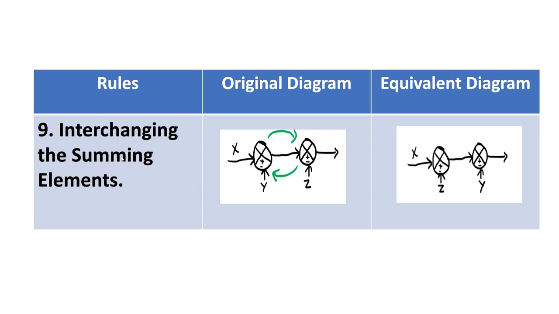So the next rule is when you have to interchange the summing elements. So let us suppose you have two summing elements as shown in the figure and they are both together like this and you have to interchange them.